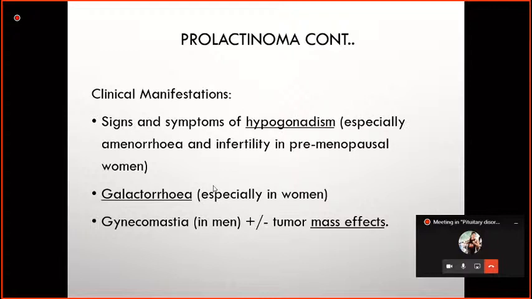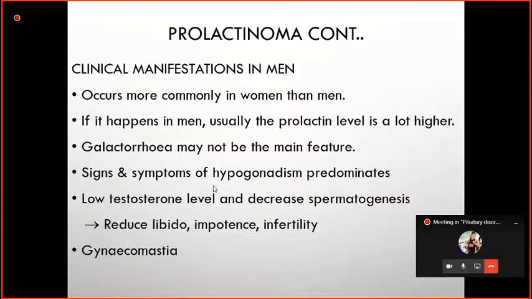So you don't expect to squeeze and find whether there's milk coming out. They can come with infertility problems and gynecomastia. And tumor mass effect, because just now we said if it occurs in men, it is usually a macroadenoma, more than 10 millimeters in size.